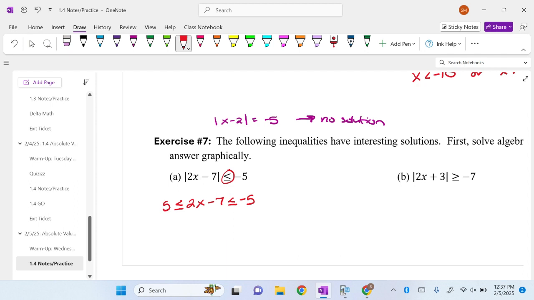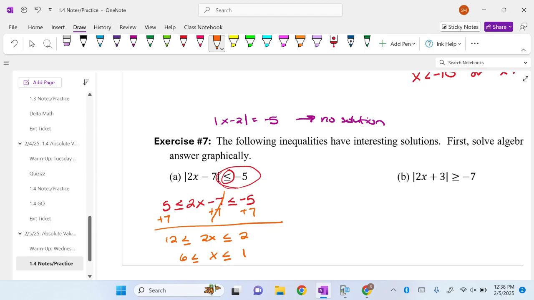And the reason I want the negative 5 on the right is because that's how it's written originally. So then we would add 7 to both sides. This would be 12 is less than 2x, which is less than 2. Divide both sides by 2. I get 6 is less than or equal to x, less than or equal to 1.